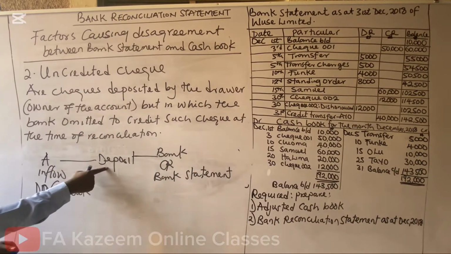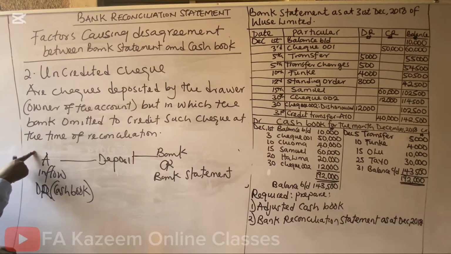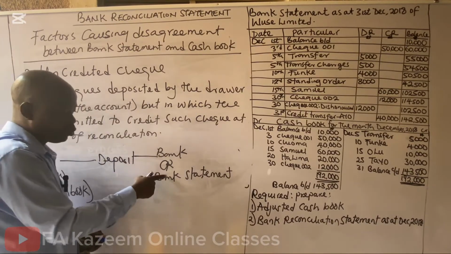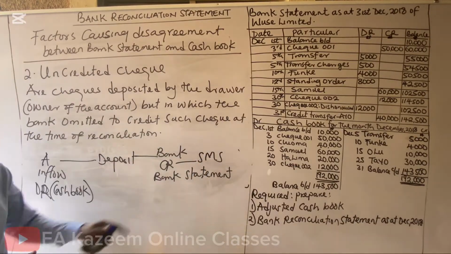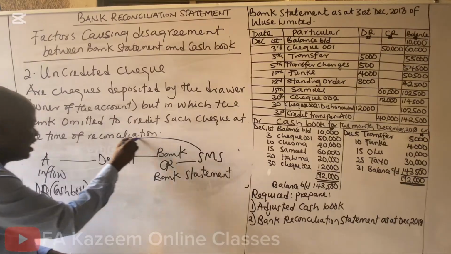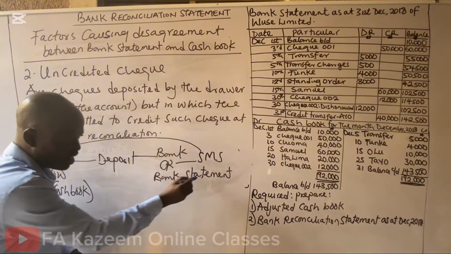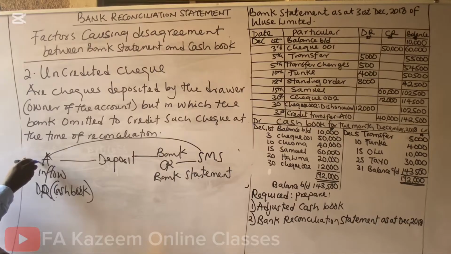If A makes a deposit in the cash book, A will debit it as an inflow into his account, while the bank keeping the money on his behalf will credit, and after the credit, they will send an SMS. This SMS is to tell A that the account has been credited in the bank statement. Open your own cash book and debit this money as an inflow to you.